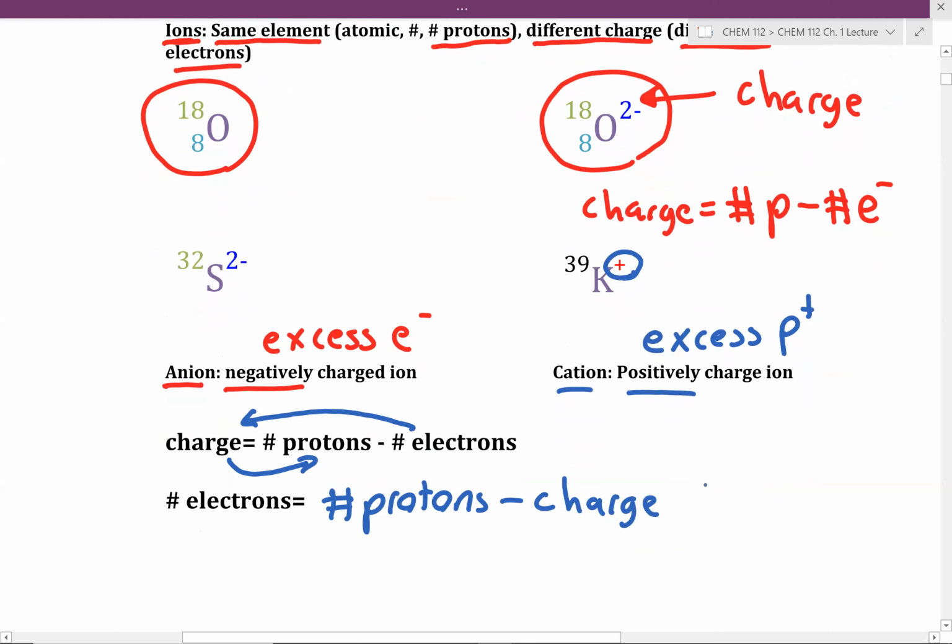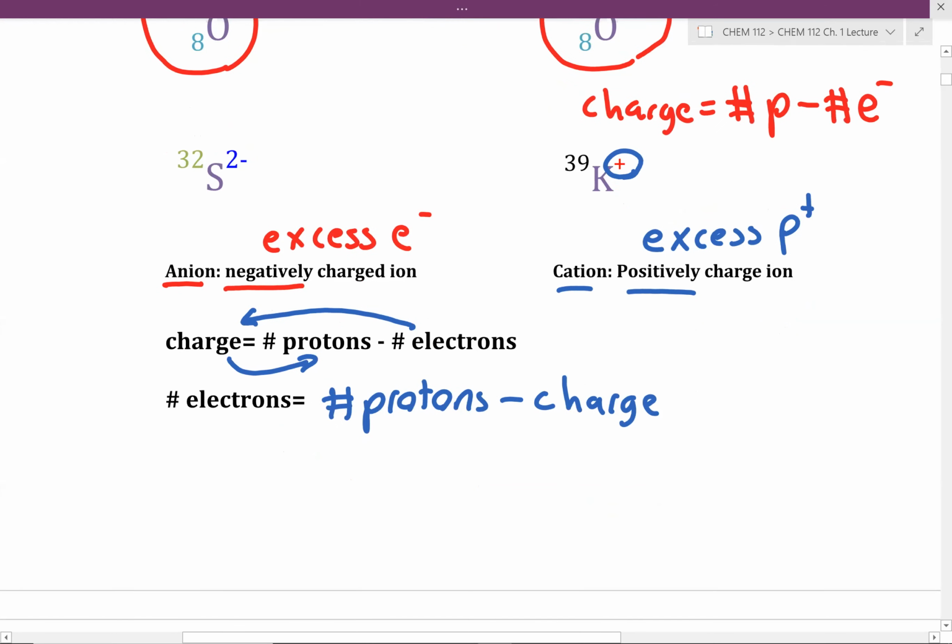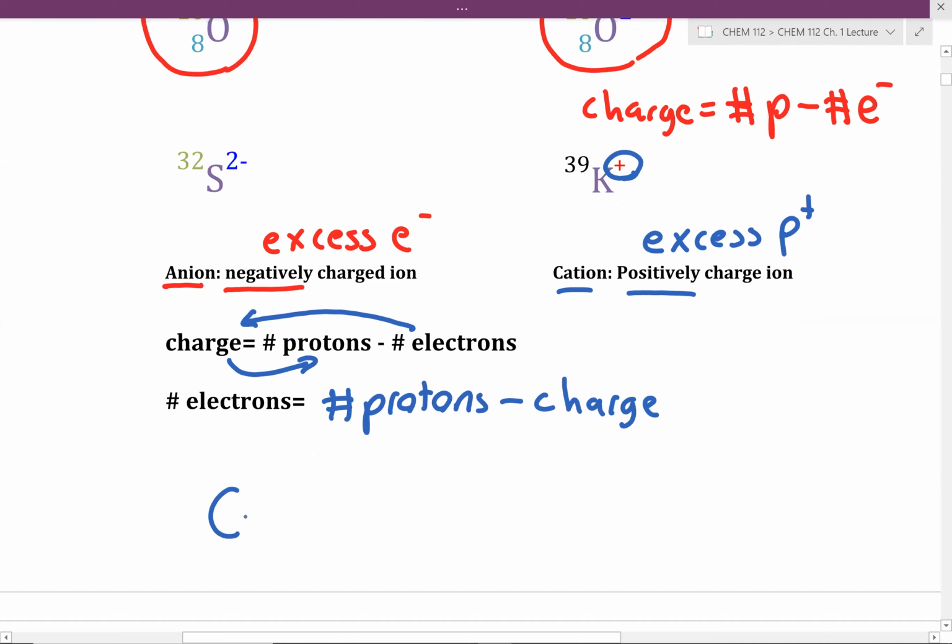Now, to show that this equation actually pans out here, let's take a look at O18 2 minus. Okay, so using this equation, how many protons do we have? How many protons does oxygen have? So this number up here is our mass number.